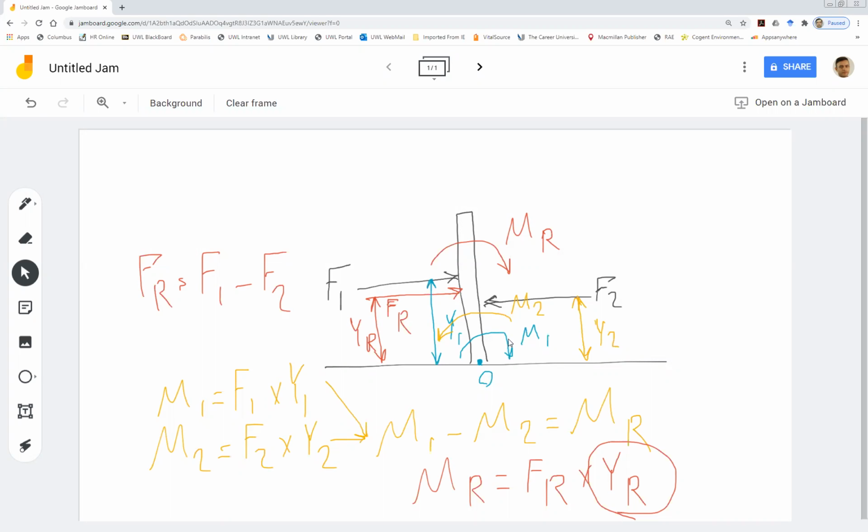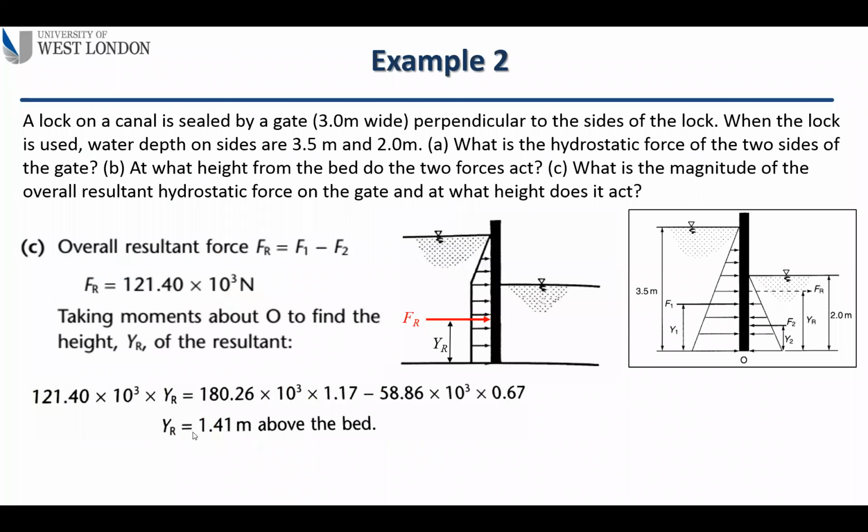So obviously, if you want to get the overall one based on the algebraic relation, you need to take the difference. So the difference of that is equal to MR, the resultant one, which is equal to FR times YR. That's what we did here. So we're going to use everything here, and this is what we have. As a result of that, YR is equal to 1.41 meters above the bed. So this is the example to calculate the resultant force.